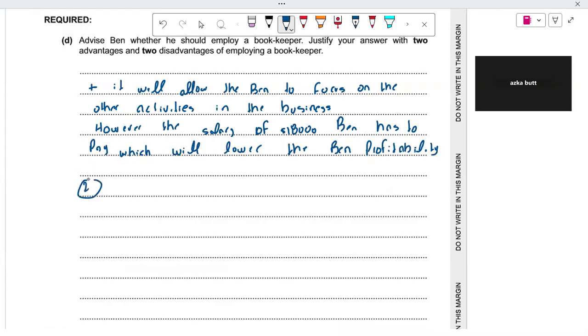And the second advantage is that chances of fraud will reduce.